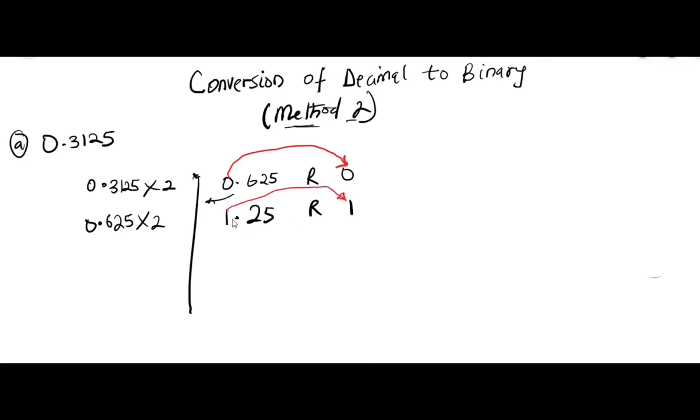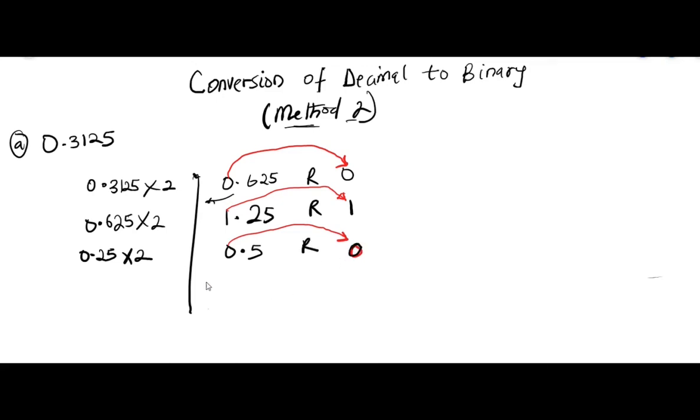All right, since this 1 has become the remainder, we are going to be left with 0.25. Okay, then we multiply it by 2 again, then we are going to have 0.5. Okay, then the remainder is 0 again.